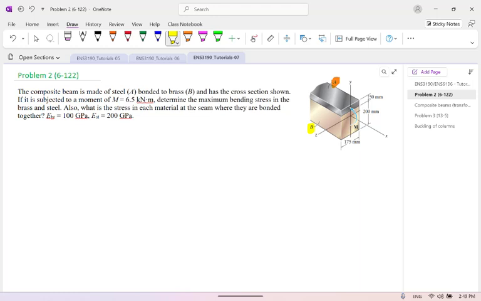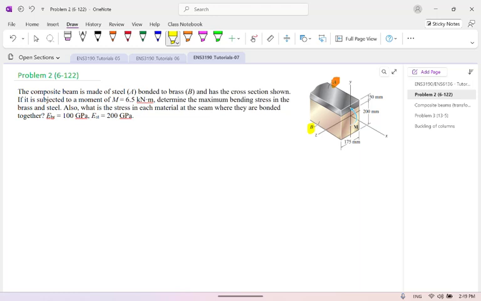You can see 175 millimeter height. The steel is 50 millimeter thick, and the brass is 200 millimeters thick. It is subjected to a moment M, shown here, of 6.5 kilonewton meters. Determine the maximum bending stress in the brass and the steel.